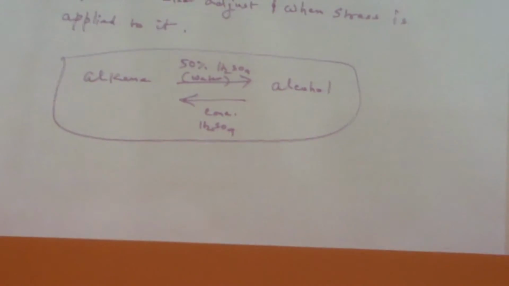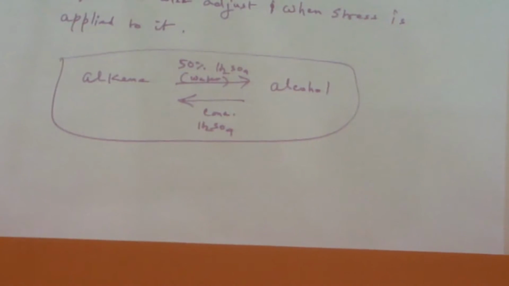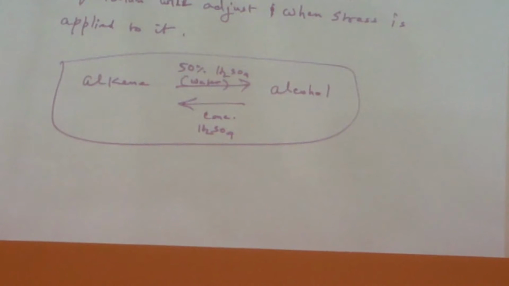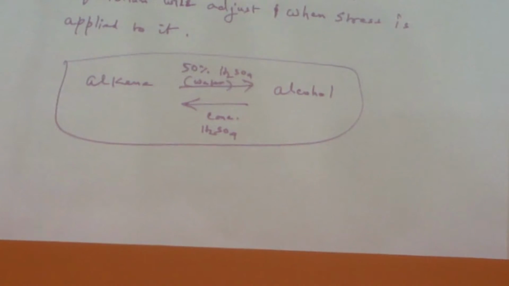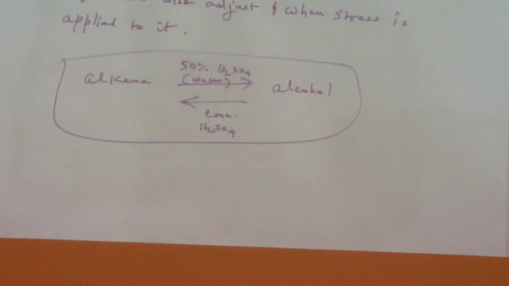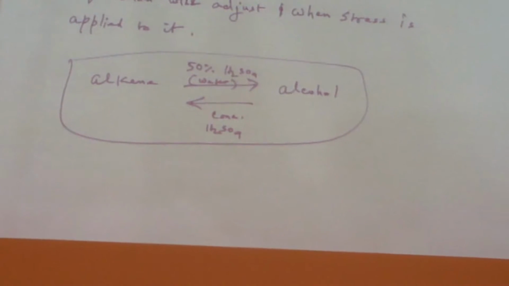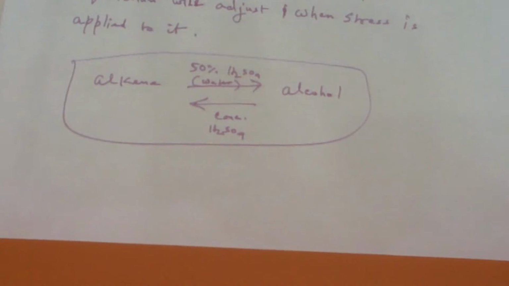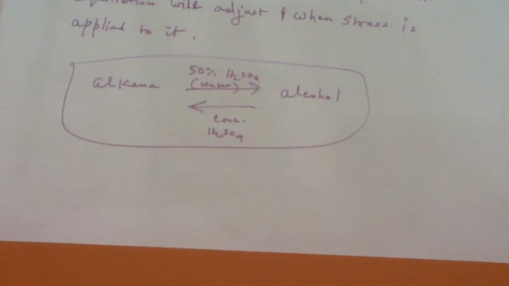And in fact, we often manipulate reactions this way because at equilibrium, the reaction stops, not quite stops, but the definition of equilibrium is that if you are going from, let's say, reactant to product, when equilibrium is reached, there is an equal number of molecules going from left to right and right to left.